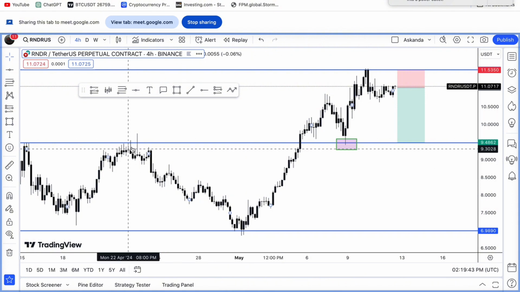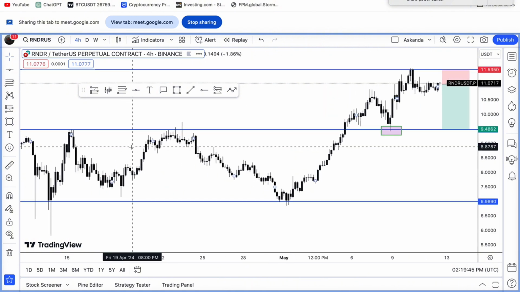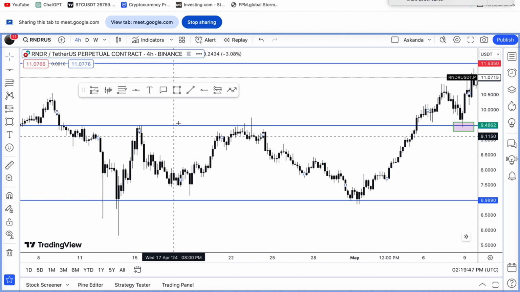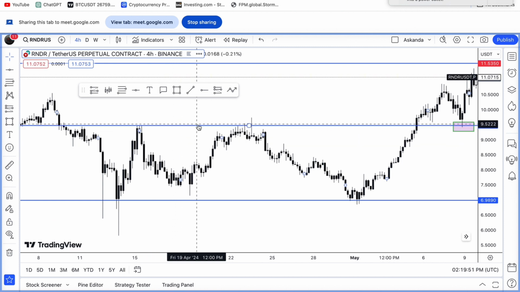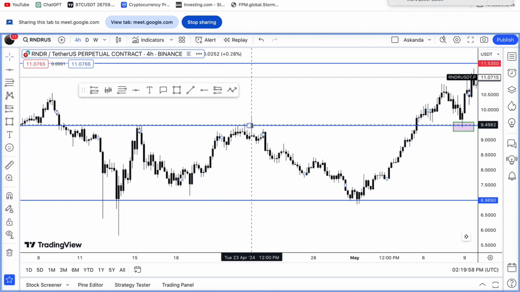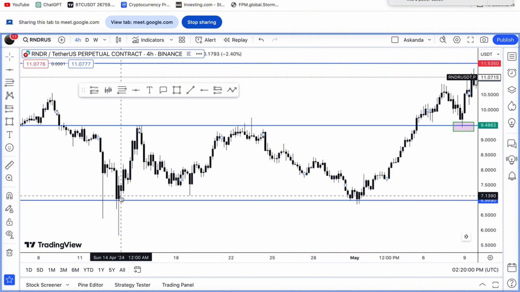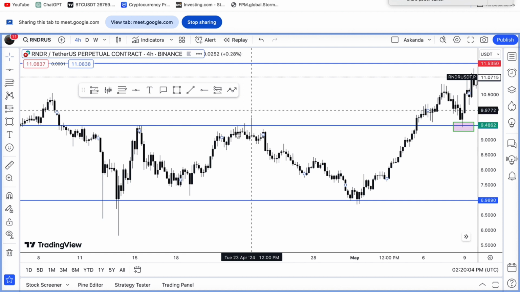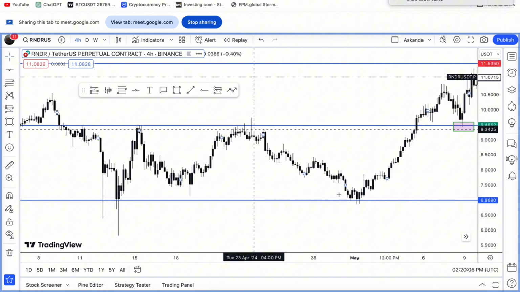Like this particular place was a resistance. This third line, the one in the middle, was once a resistance. Look at where the price came, went up here, came down again, went up, played around that place, came down again. Have you seen?